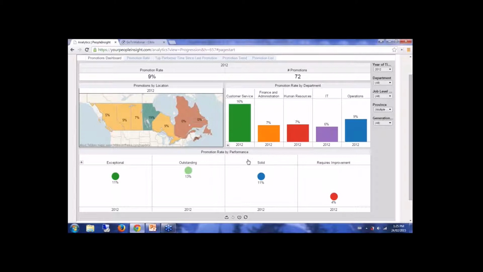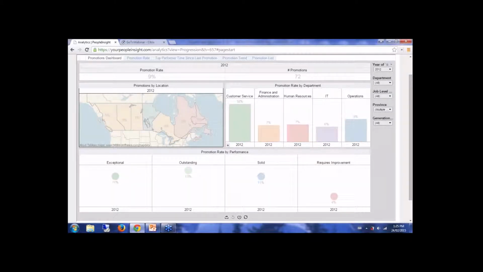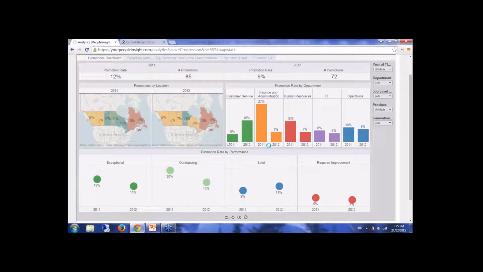And what's very important, as you're going to see here and when I show turnover, is the ability to show things in the context of a rate, so that you can clearly understand the difference, even though exceptional as an overall population is small, being able to understand the rate base, which is the number of promotions in this case over the average headcount, and how that changes. Same way here, we're able to look at it by all the different groups, by location, etc.